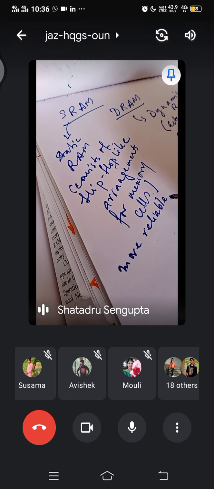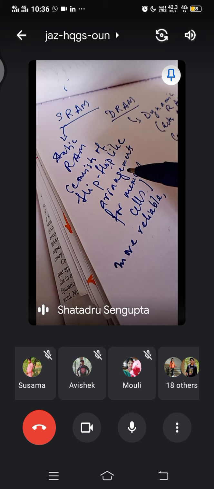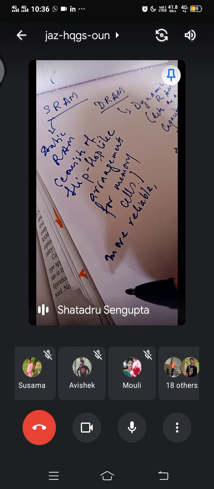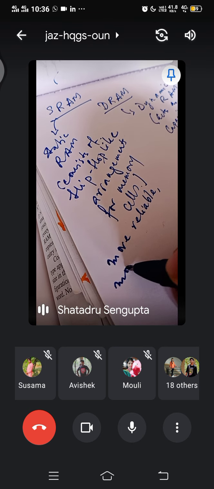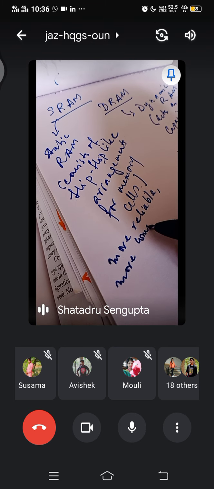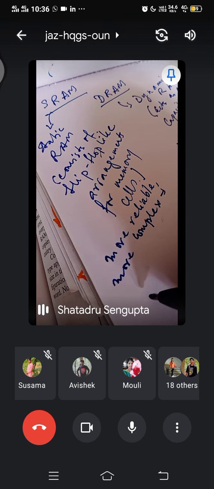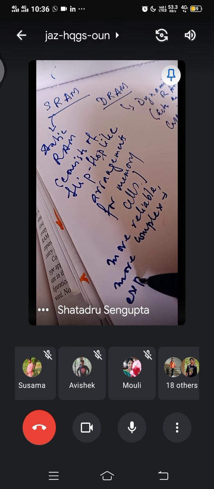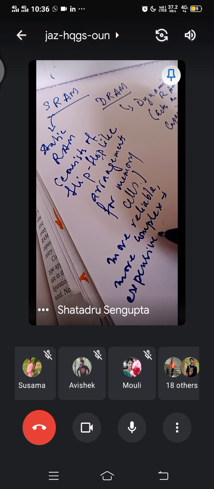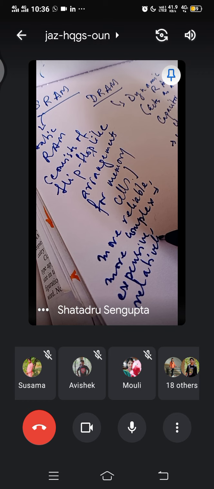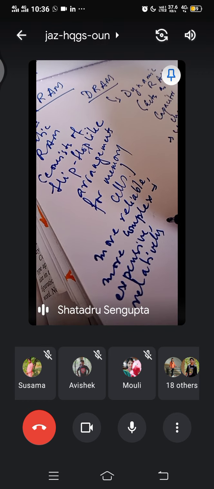It's more fail safe because the arrangement is more complex, and because it's more complex, it's expensive and relatively spacious.